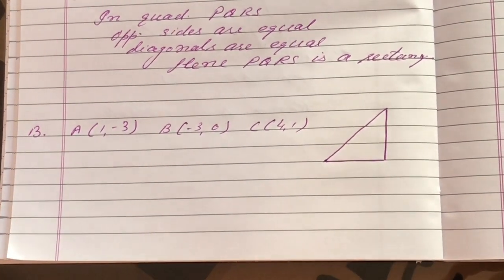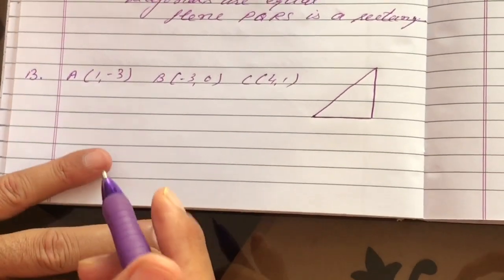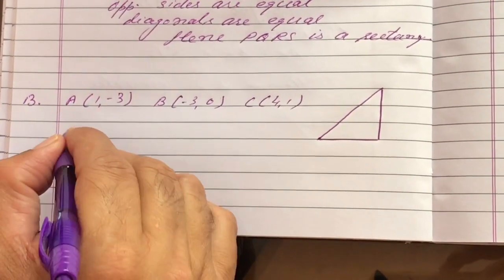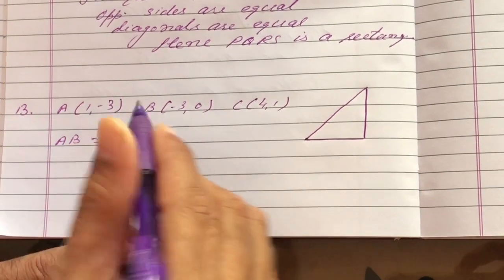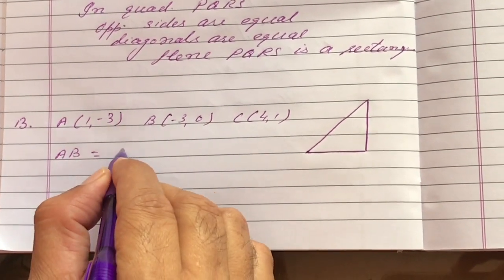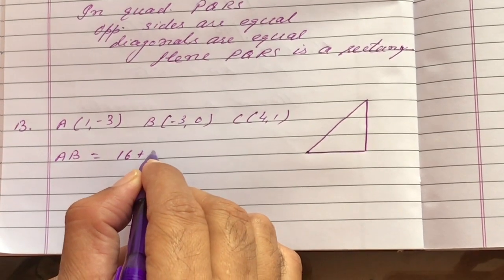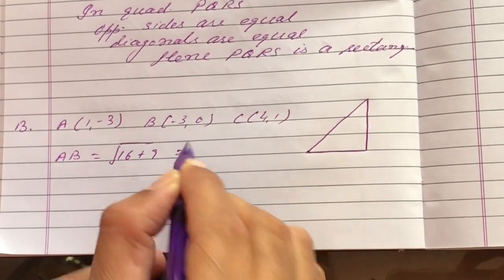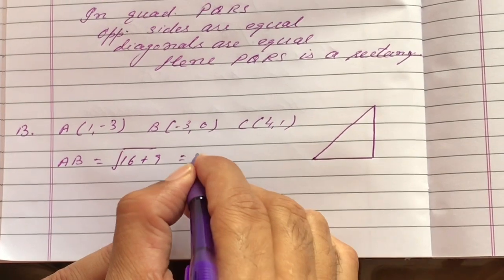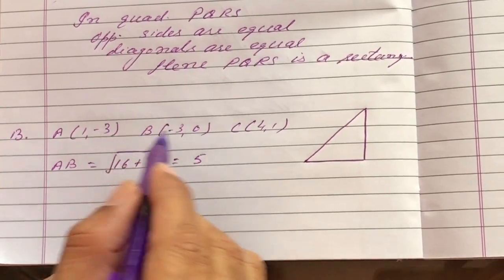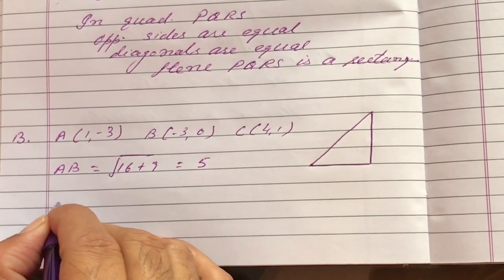So what is the condition for isosceles? First I have to find three sides. Side AB is minus 3 minus 1, 4 square 16, 0 plus 3 square 9. So I do the calculations orally to save my time. Then what is BC?